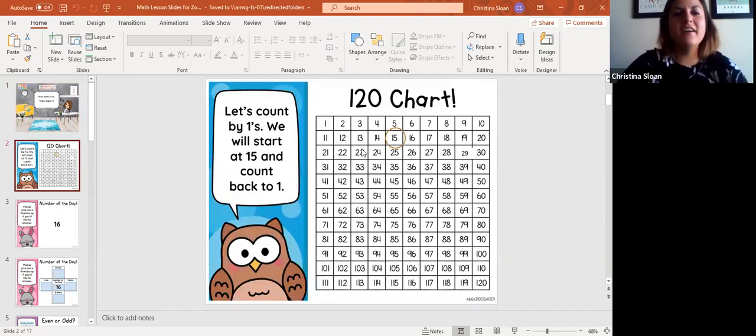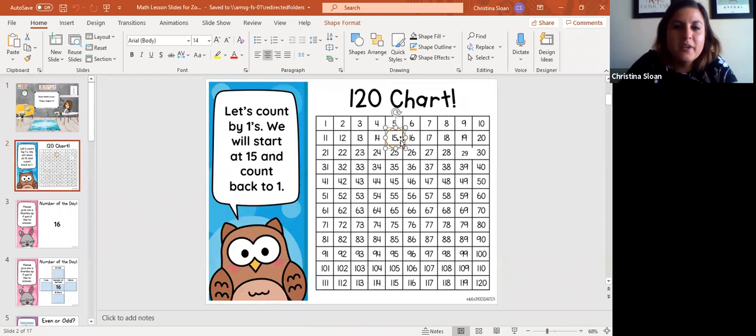So today on our number chart, we are going to start on the number 15, and we are going to count back by ones. So it's a little bit different. We're counting backwards, not forwards.